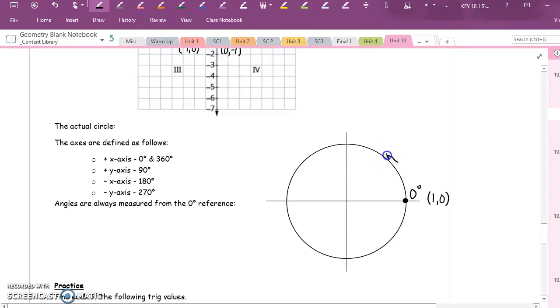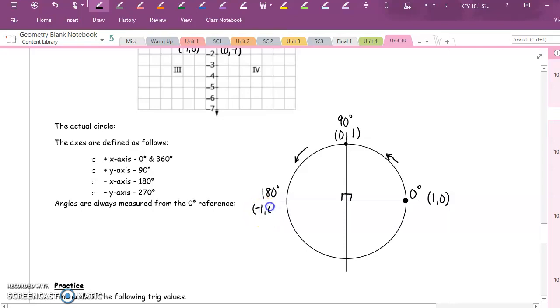And then we're going to go up. Above, right here, we just went up 90 degrees. My ordered pair is 0, 1. Let's keep going in a circle. So now we're at 180 degrees, 0, 90, 180.